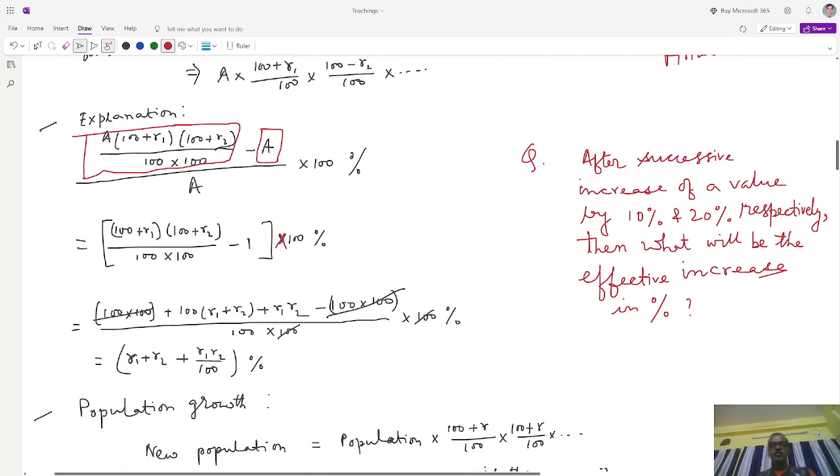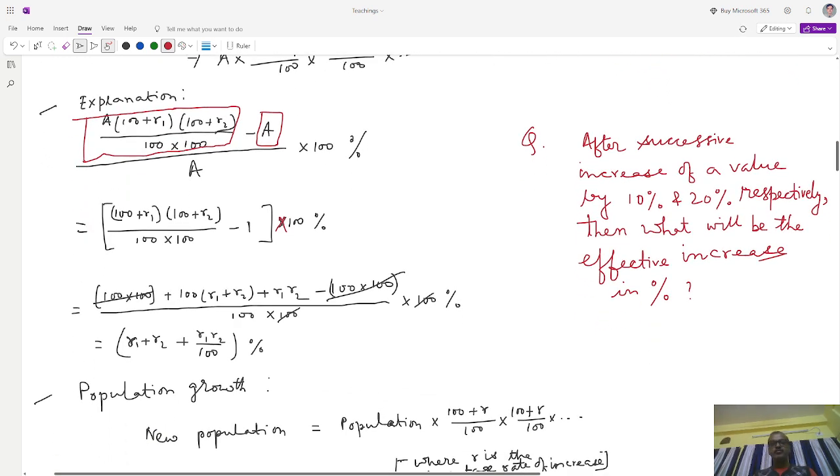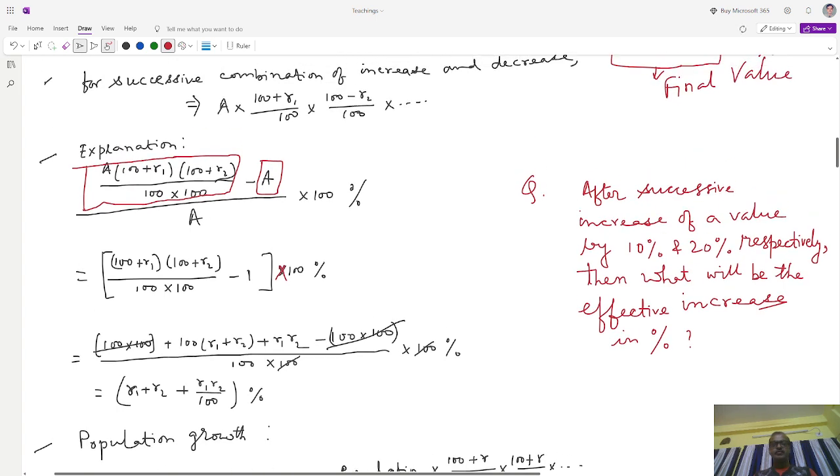Okay. So in this case, we take R1 equals 10% and R2 equals 20%.